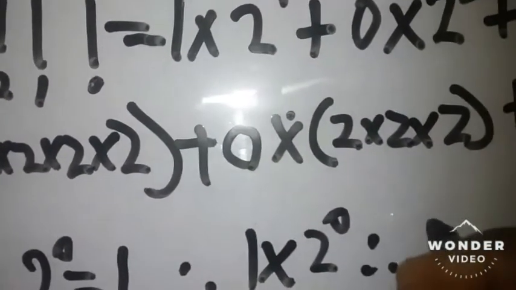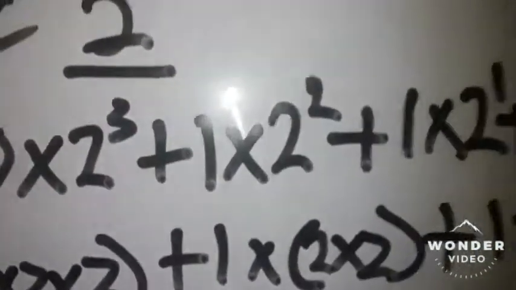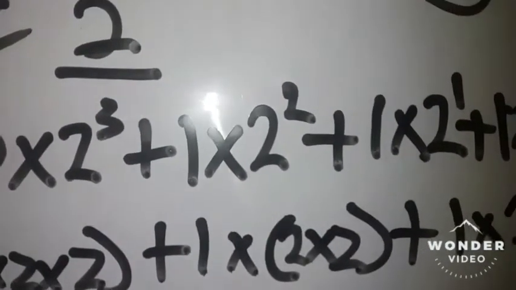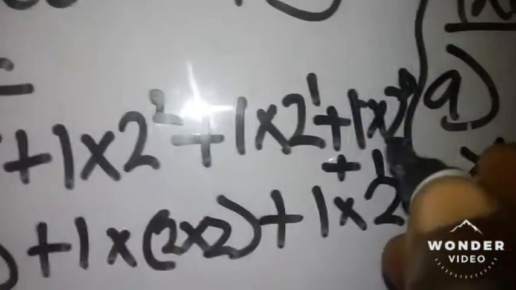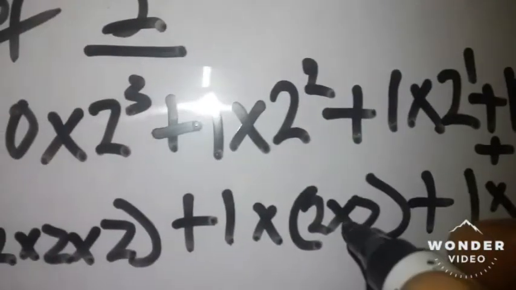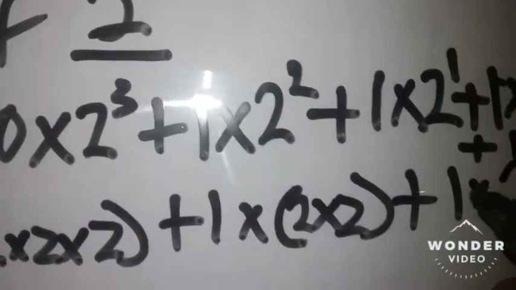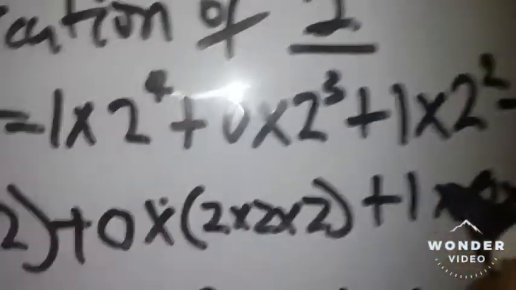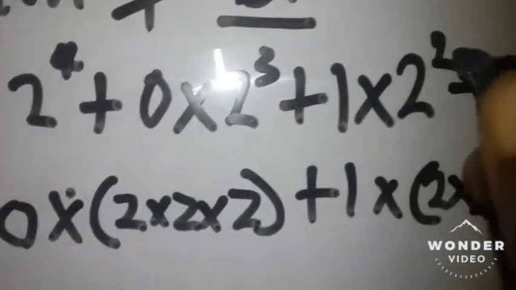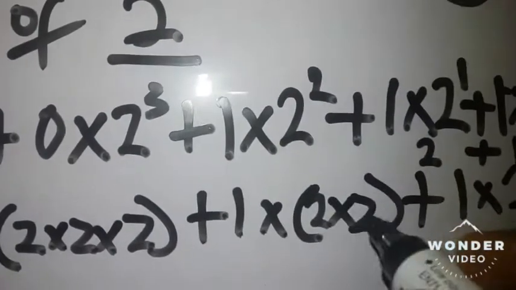That is 1 times 1 is equal to 1. So in this last, we have 1. Here plus, we have 1 times 2, that is 2. Here we have 2. That's 1 times 2 times 2, that is 4.